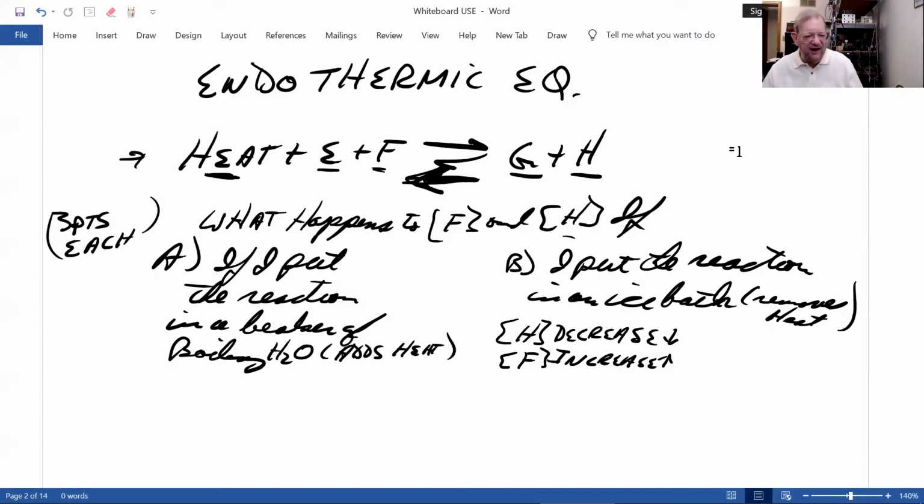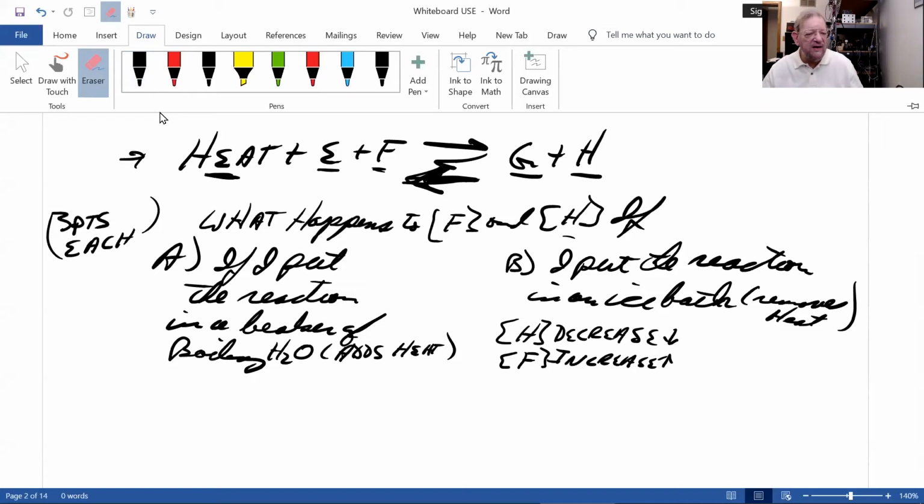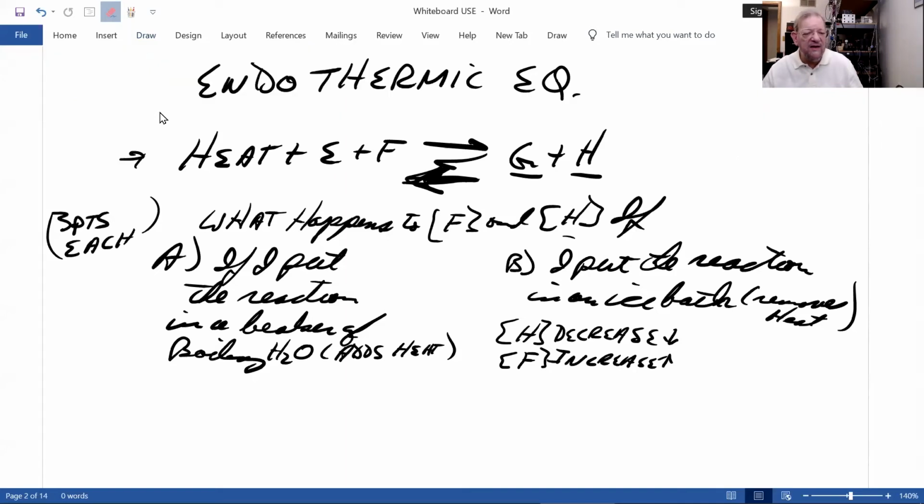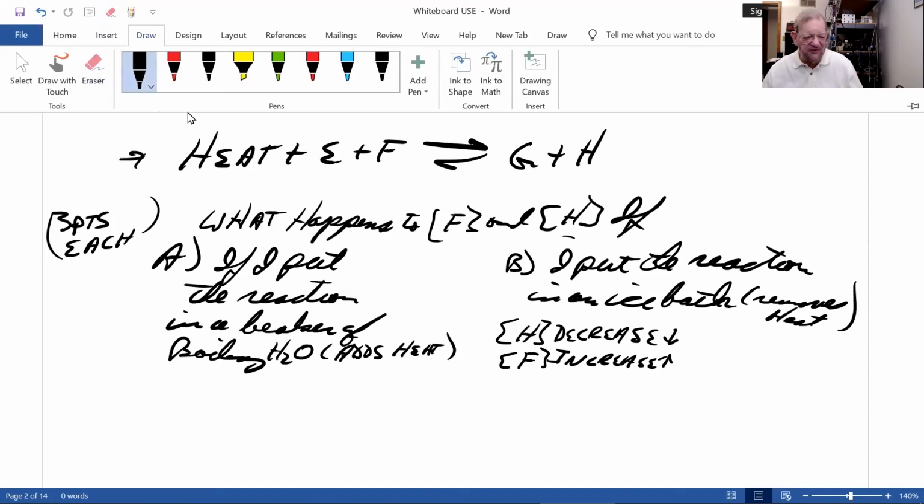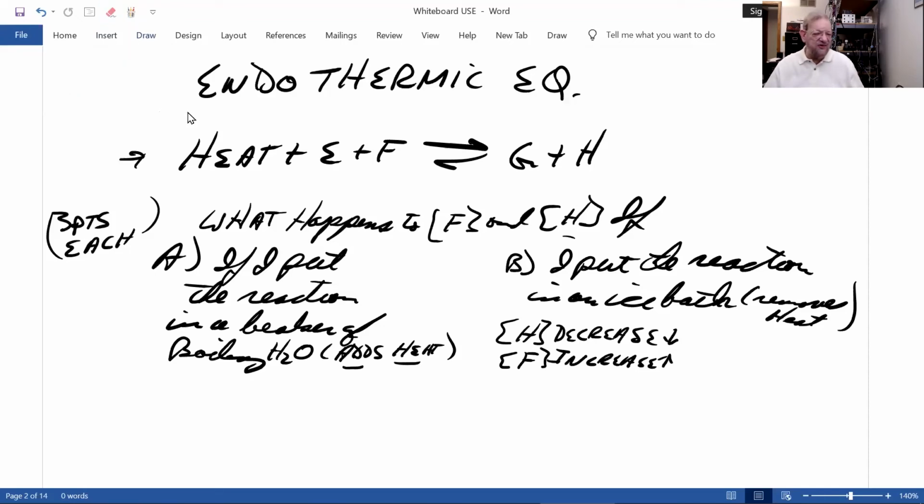What happens to the concentration of F and H if I put the reaction in a beaker of boiling water? Now, what does boiling water do? Well, someone was nice enough to write down it adds heat.